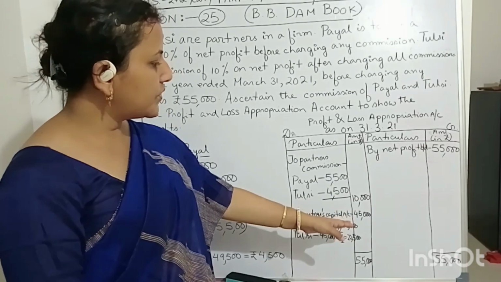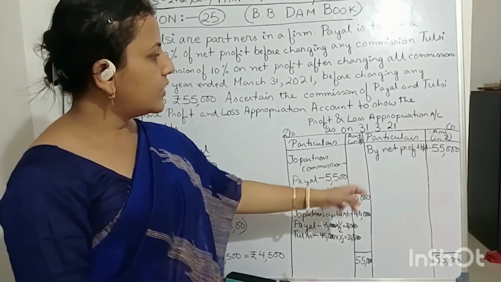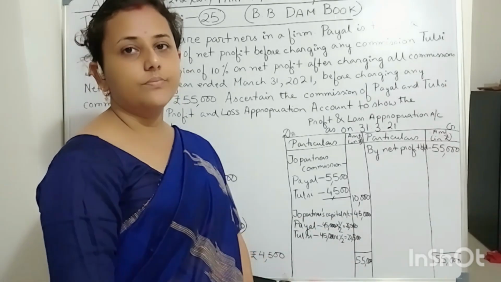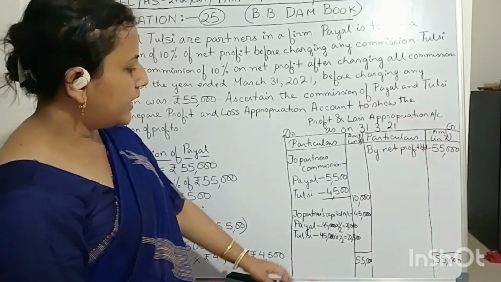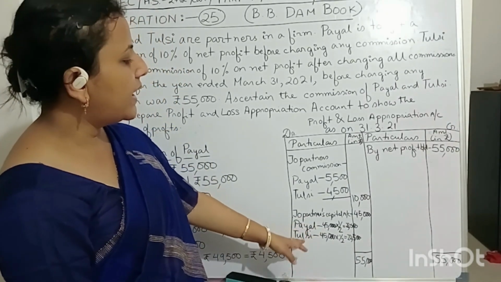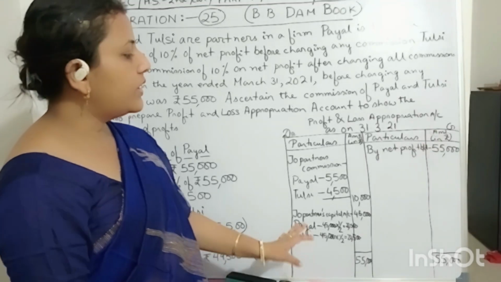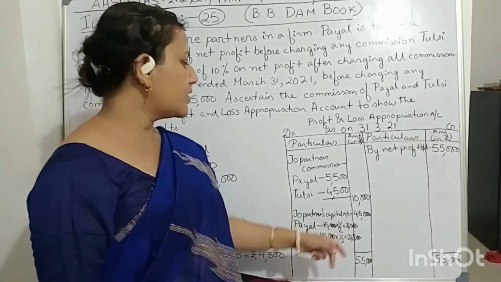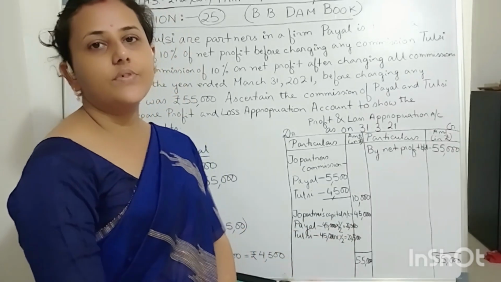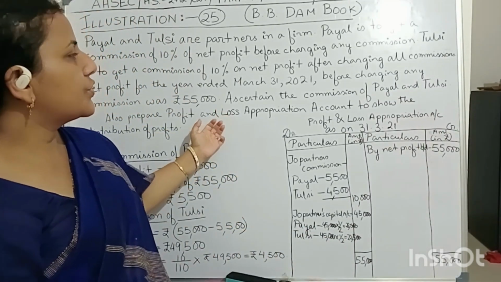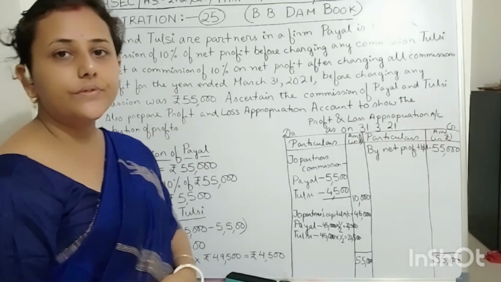When you subtract 10,000 from 55,000, you get 45,000. That you have to share equally between Payal and Tulsi. So 22,500 each. This is the solution for illustration number 25.